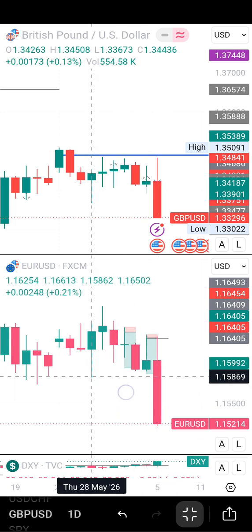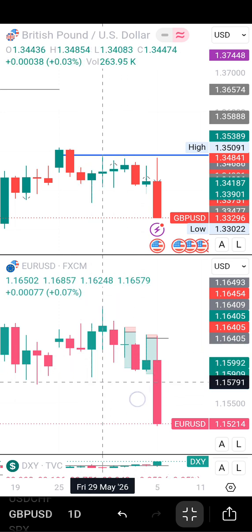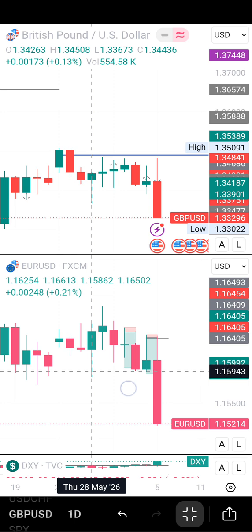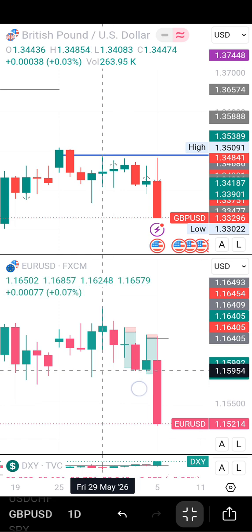So that target is still highly in view. That's why we also took partials around this area, because 50% of this range has already been taken. So later on Friday, boom, price still meant to take the low, heading to the weekly CRT fill on GBP USD.